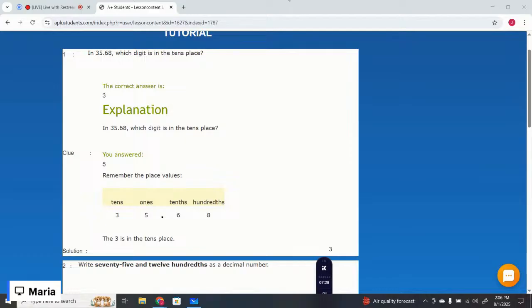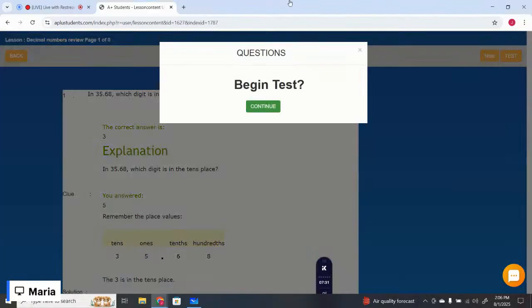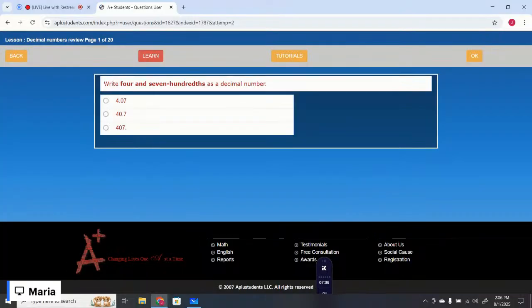Okay, let's just start with the test questions. Write 4 and 7 hundredths as a decimal number. So "th" means that is the digit that is right after the decimal point. Hundredth, so 7 would be after the decimal point.